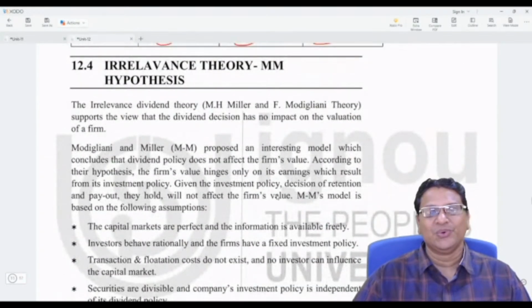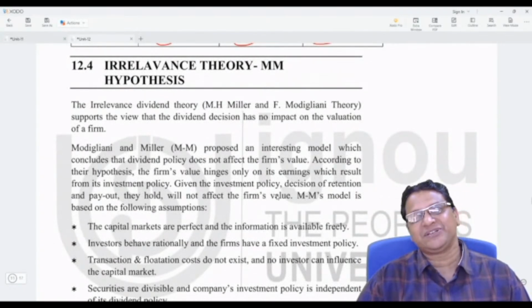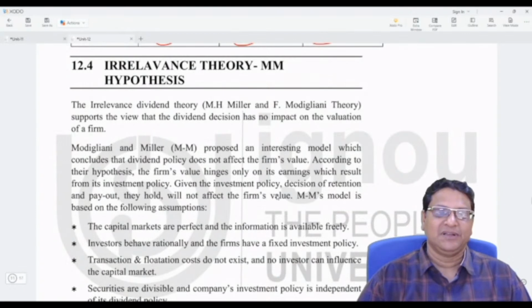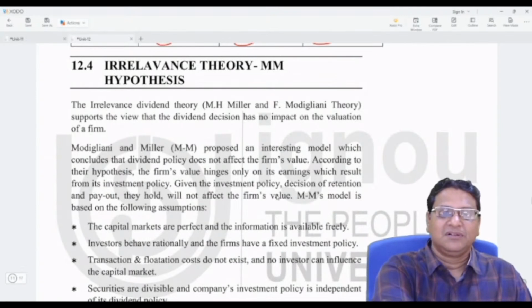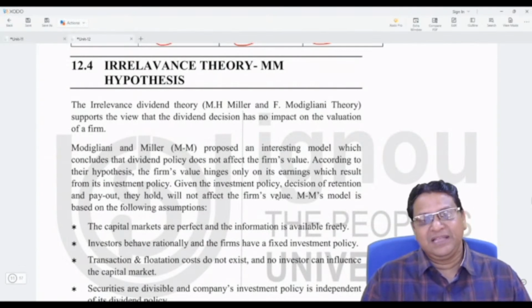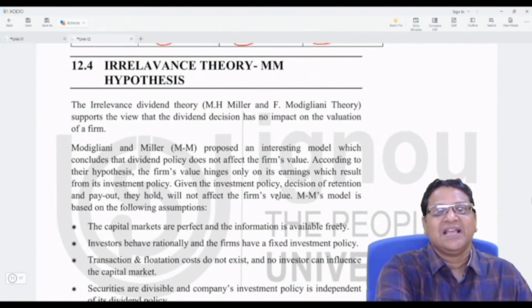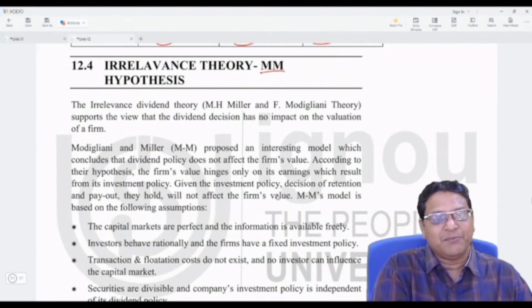Next we will go to the next type of theory, that is known as irrelevance theory of dividend policy. Irrelevance theory is given by Modigliani and Miller, two Nobel laureate professors. They got the Nobel Prize for their work on capital market, and in short it is known as MM theory or MM hypothesis of dividend policy.